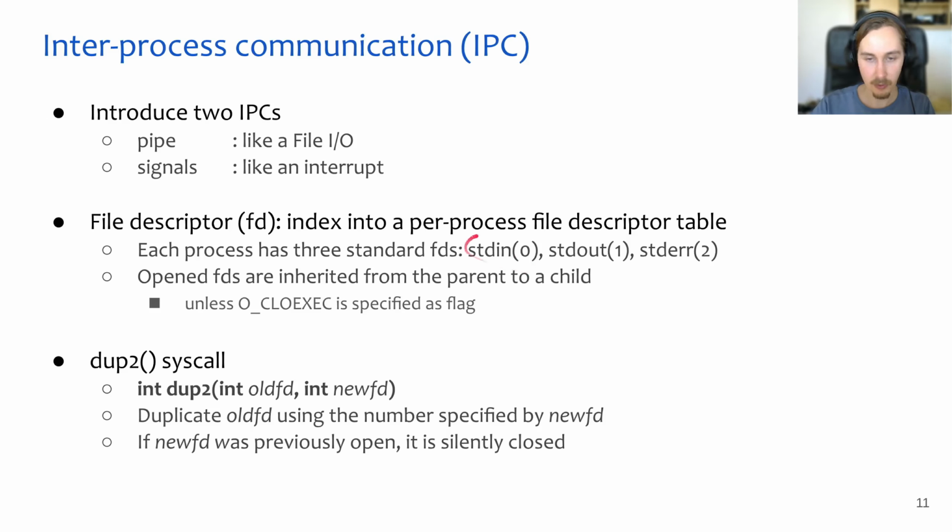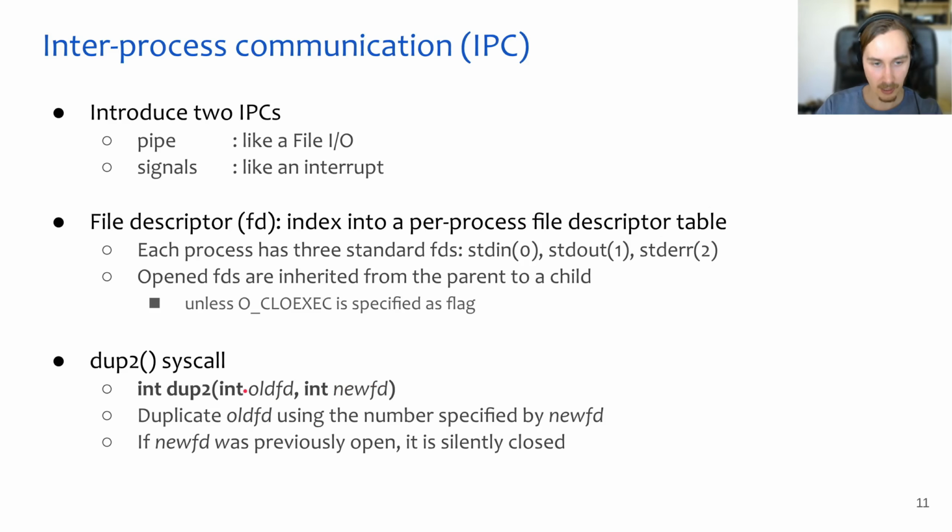And if we want to change how the standard in and so on work, for example, to connect them to pipes, we use the dup syscall. So what this allows us to do is we can open a third file descriptor, which will populate the third entry in our file descriptor table.